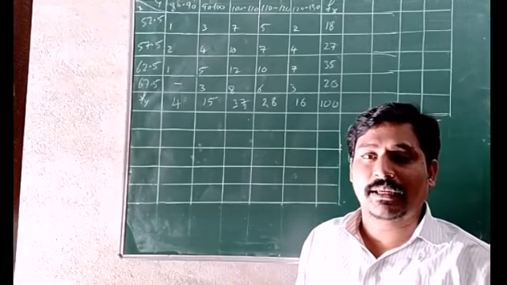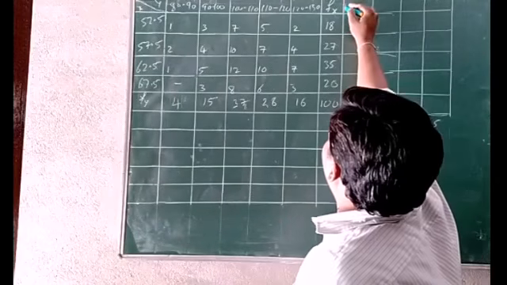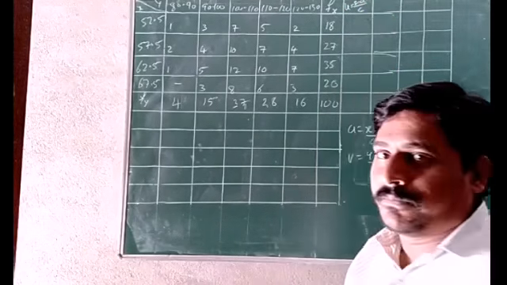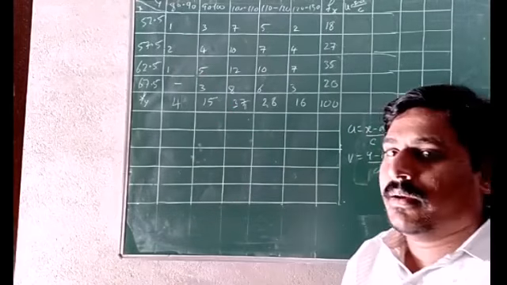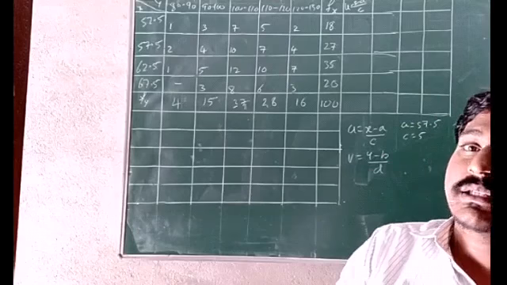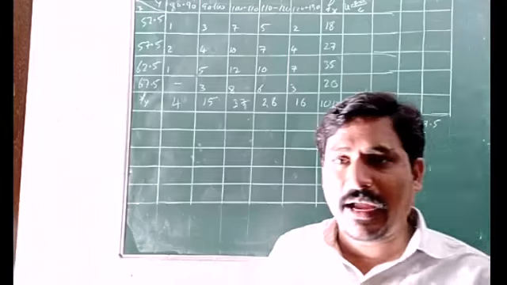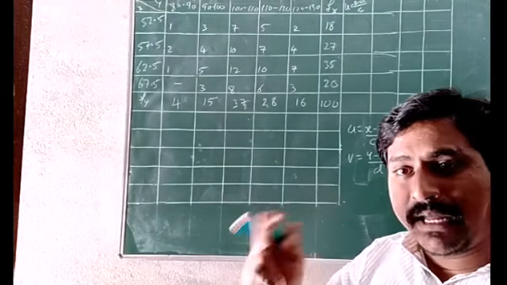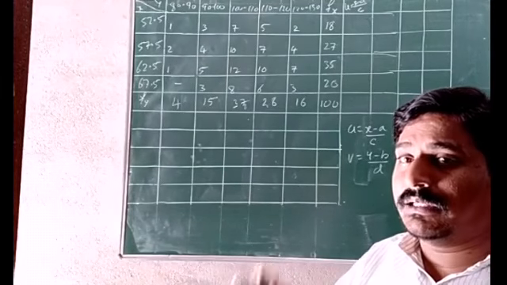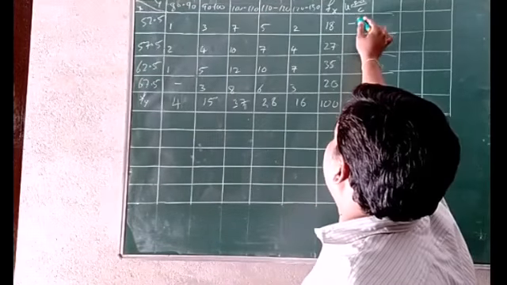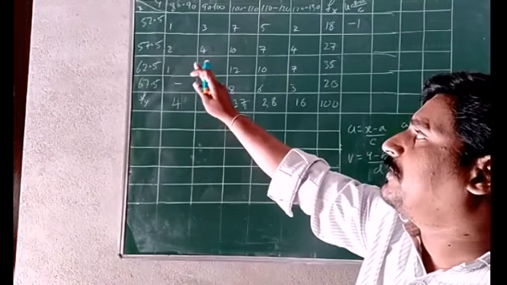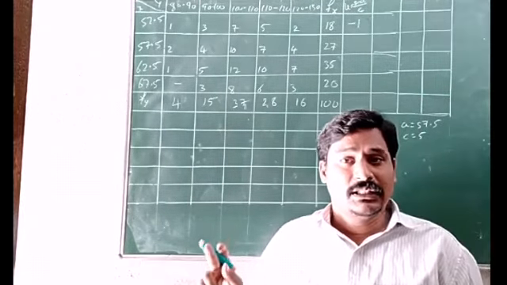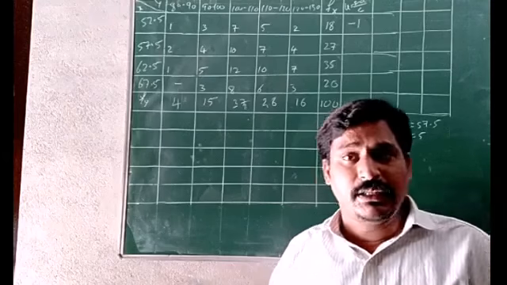Okay, so let me calculate u here. So u is equal to x minus a divided by c. So that is 52.5 minus 57.5 is minus 5. Minus 5 divided by 5, so we get minus 1. 57.5 minus 57.5, that is 0. 0 divided by 5 is 0.